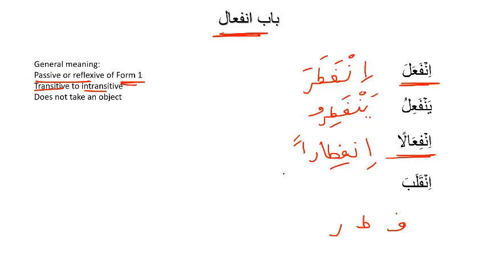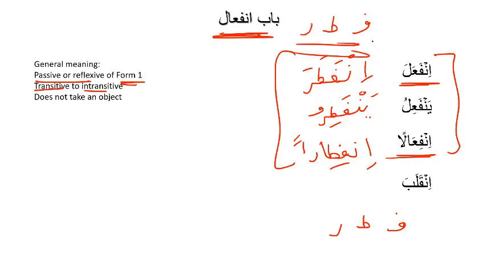And if you don't fully understand this, it's not a big deal at all. What you really need to be able to recognize is that when you see infatara yanfatiru infitaran, this is babe infial with the pattern infa'ala yanfa'ilu infi'alan. And then in the dictionary, online or paper, you would look up the meaning under the root fatara, and the dictionary will say that this is babe infial.